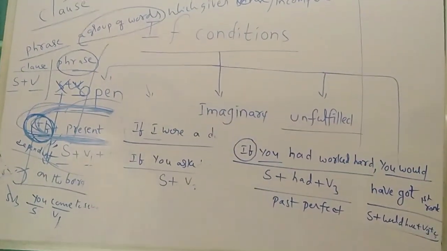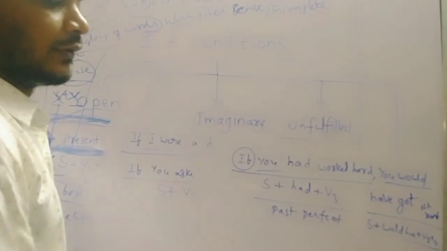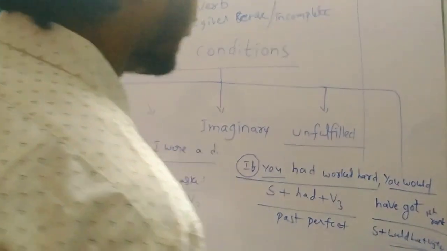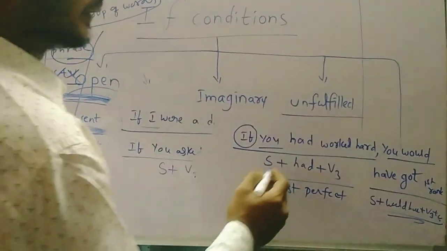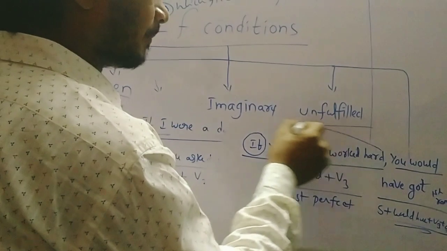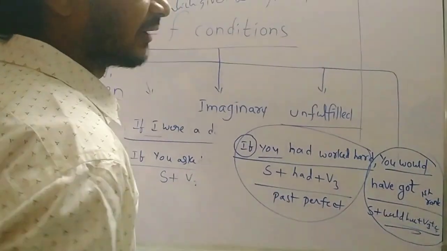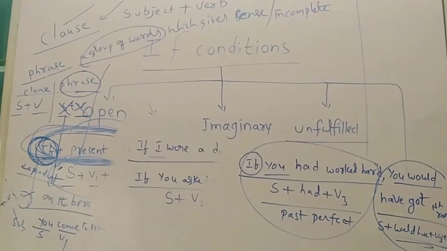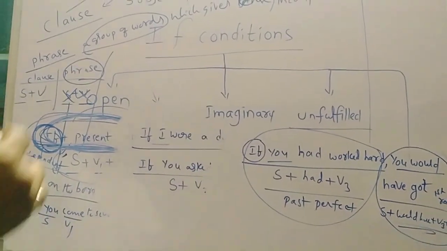This is conditional present perfect tense, or future perfect tense in past. Here we have past perfect tense, and this is conditional present perfect tense or future past. So these are the basic structures and introduction to these particular conditions.